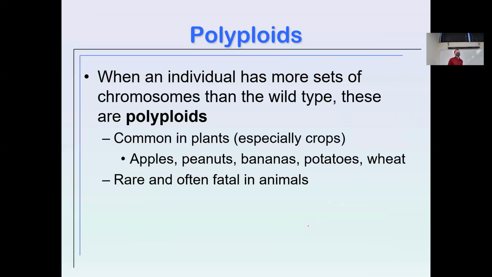Polyploids means you've got an entire extra set of chromosomes. Most cells, what we call somatic cells in humans and most animals, are diploids, two sets of chromosomes. Triploid means you would have three sets of chromosomes. Quadploid, four. So polyploid is anything more than two, the wild type.